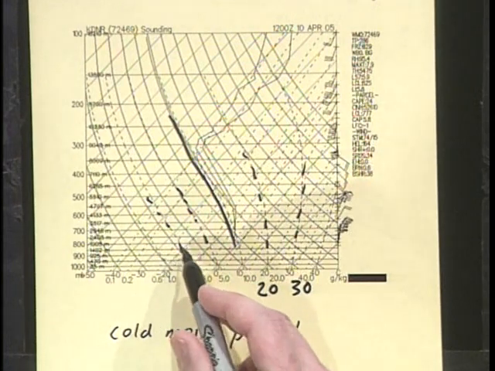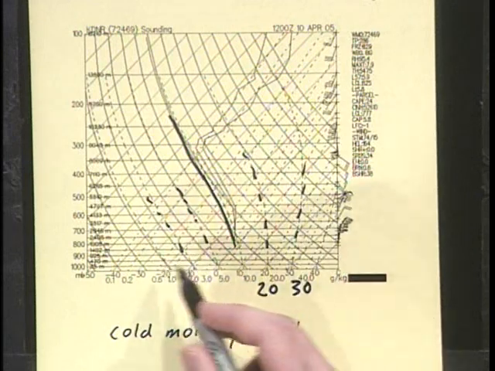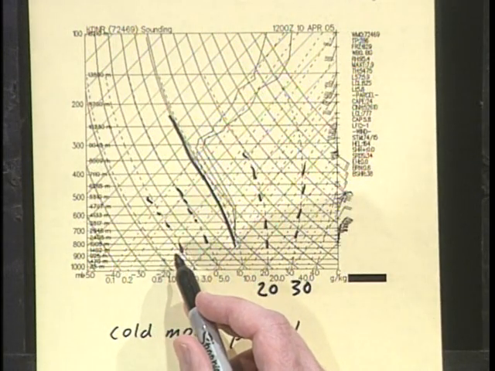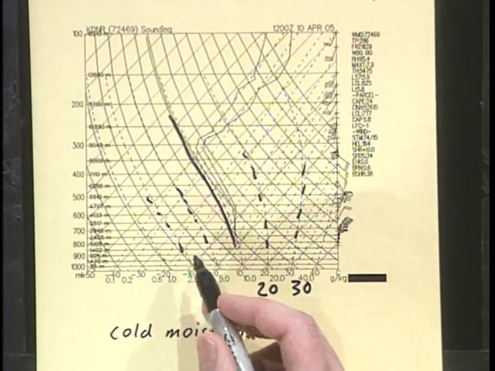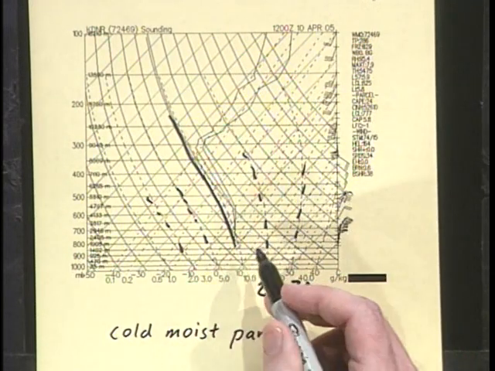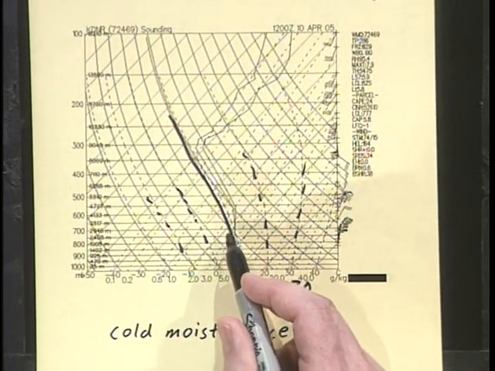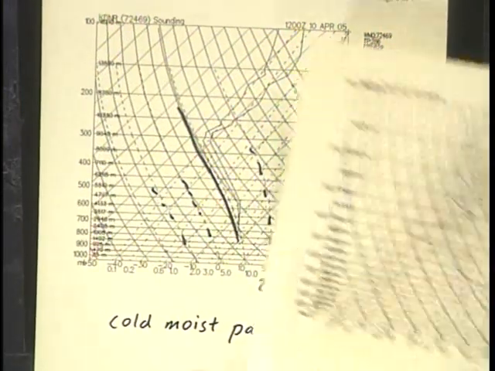The slope is closer to that of the dry adiabats. So you're not releasing as much latent heat when the parcel of air starts off colder. So this parcel of air doesn't have too much of an up and down slope like it would if it started over here. And we'll look at that next.